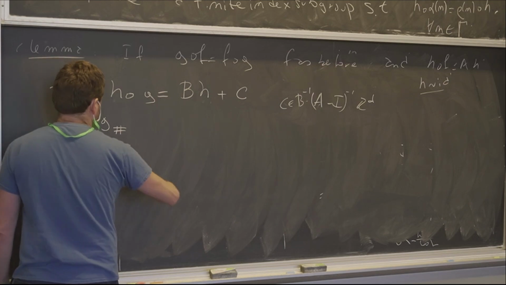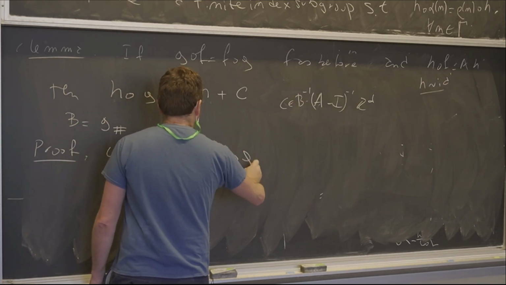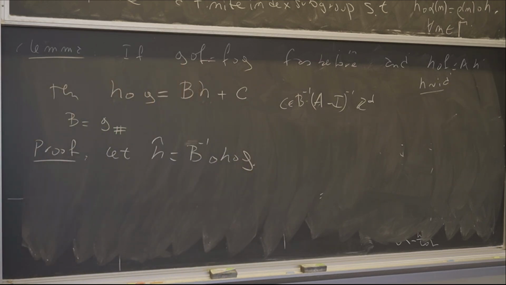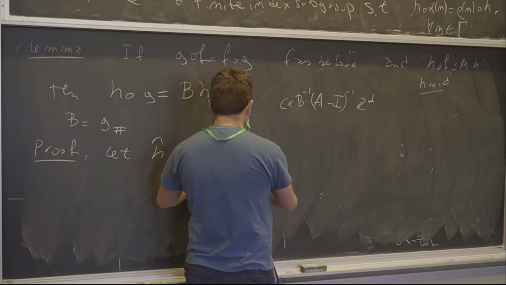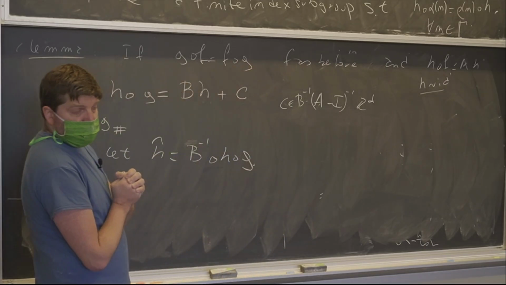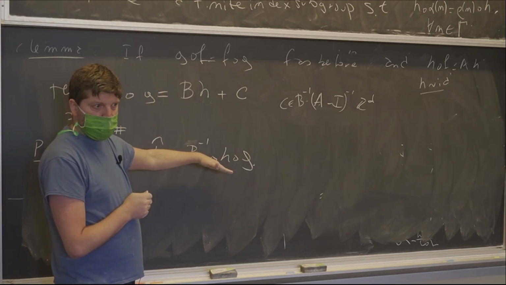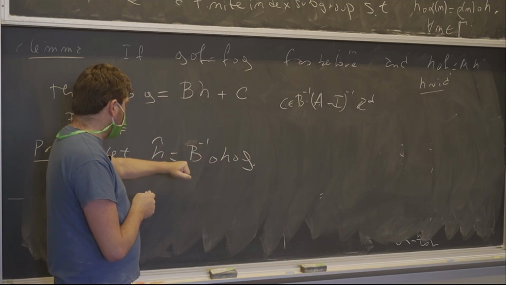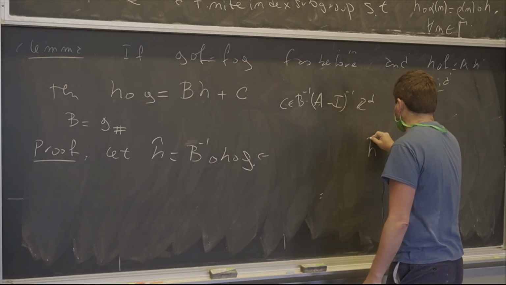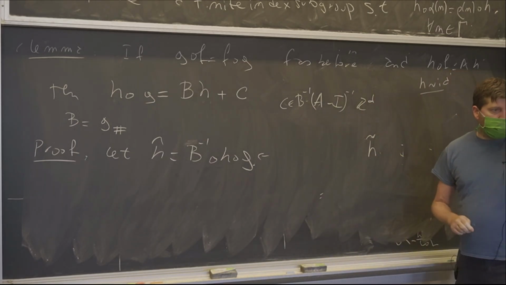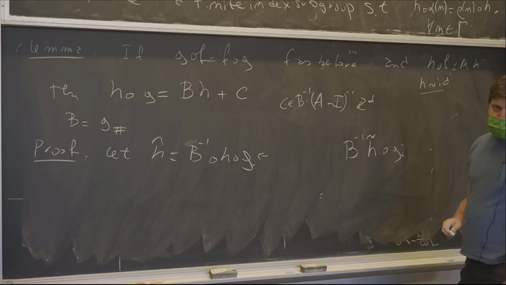And now the proof is just let H hat be the inverse of B compose H compose G. So this actually is in principle not well defined. Of course if B were invertible then I don't have any problem. But in case B is not invertible, it's still well defined because what you do to define this is take H tilde, a lift to the universal covering, and then consider this guy.